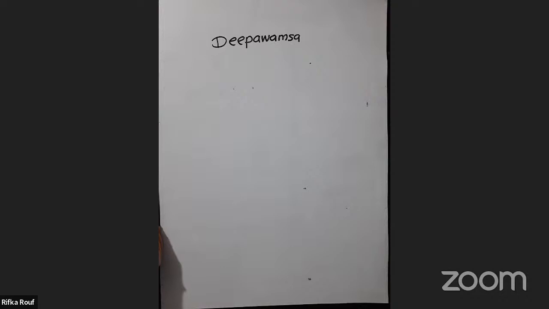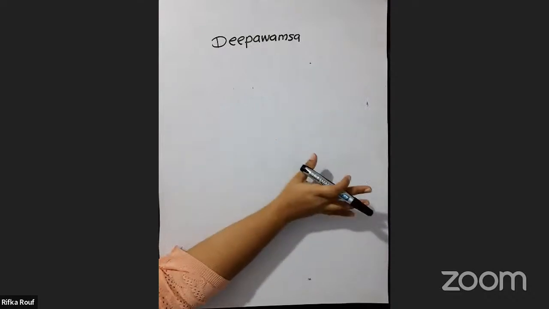In the Deepavamsa, what information is mentioned? It covers up to the end of King Mahasen's ruling period and the description of the history of the Buddhist order. That is only in the Deepavamsa.